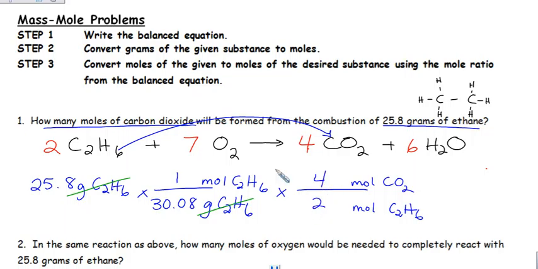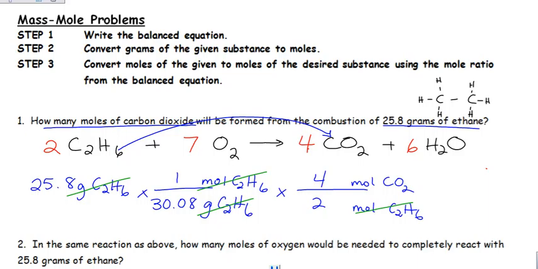I feel good when I cancel my units, and the only thing left is the unit that I want. How many moles of carbon dioxide will be formed? So there was just a little extra step here. If the original amount is given in grams, you have to switch it to moles first. Then you can use the ratio in the balanced equation to compare different substances.